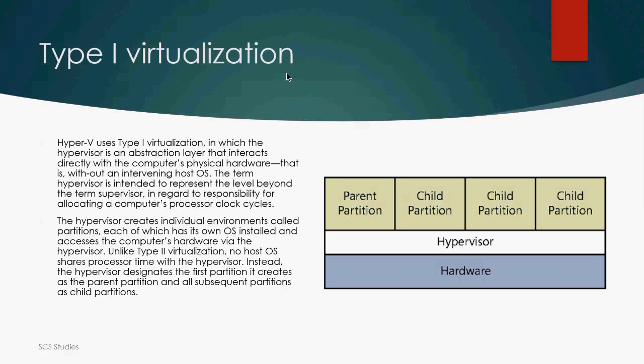And type 1 gives you the full feature of virtualization, where each and every guest creates its own hardware configuration, which is known as a partition. So the first partition holds the configuration and the operating system information. Like in a guest operating system, you have installed Windows Server 2008 or 2008 R2 with 2 gig RAM, 30 gig hard disk, 1 DVD drive, 1 floppy drive, and so on.